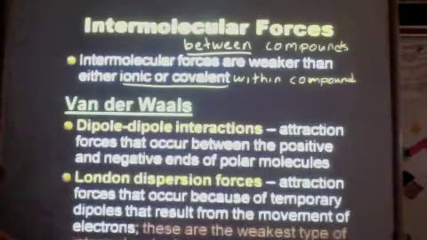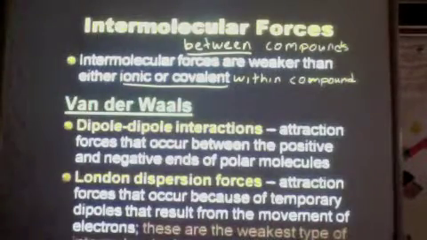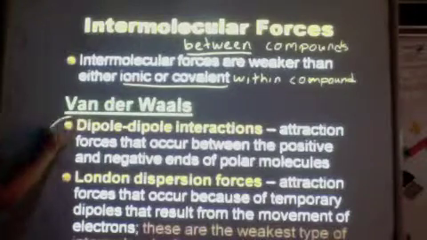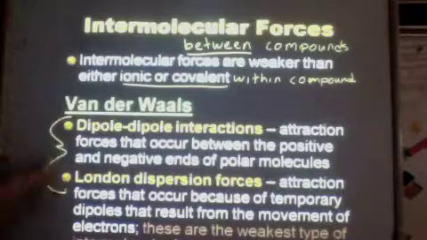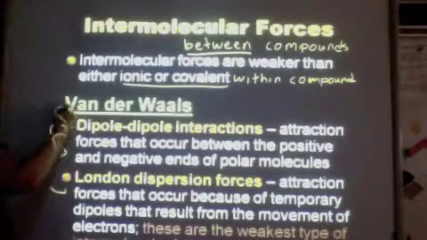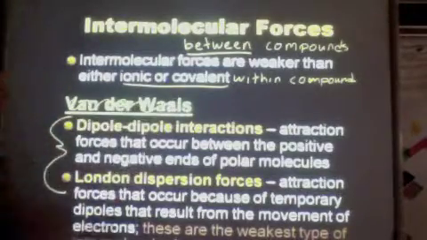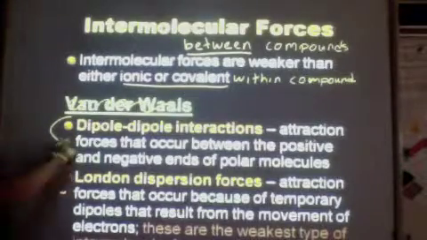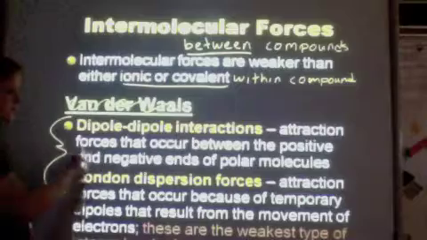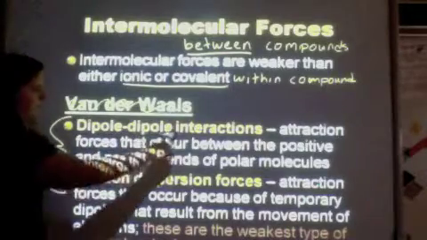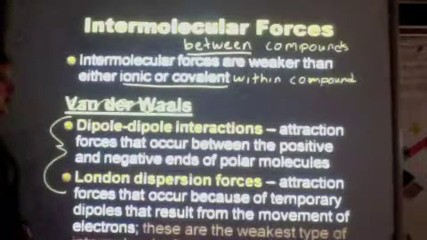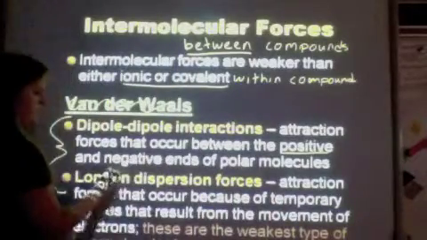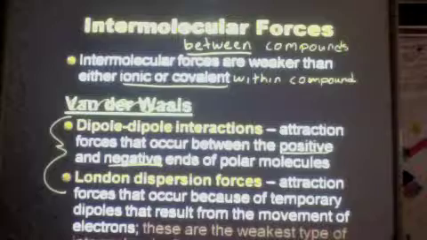Pretty much with these, you just sort of need to know what they are and their strength. So these two are called van der Waals. I'm not so much worried about the word van der Waals as I am actually knowing what I had in gold here. So dipole-dipole interactions occur between positive and negative ends of a polar molecule.